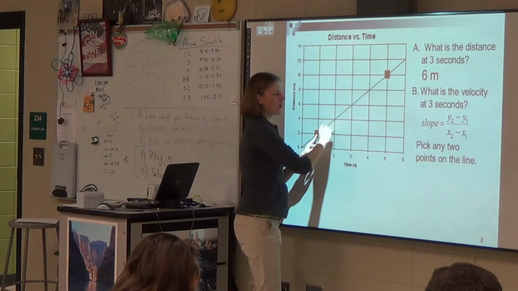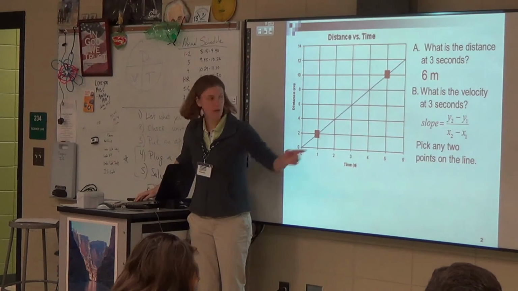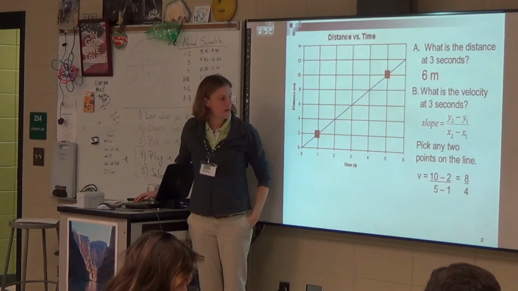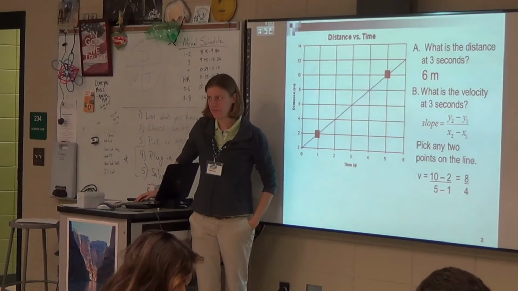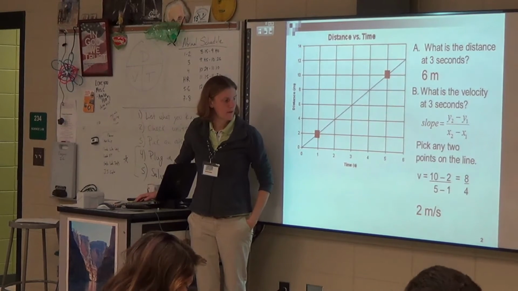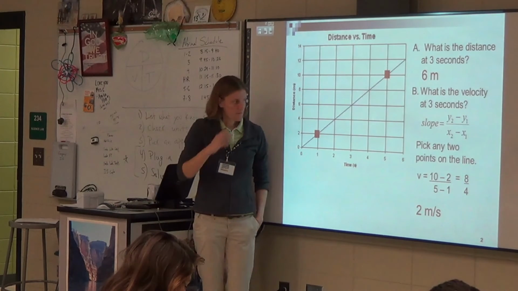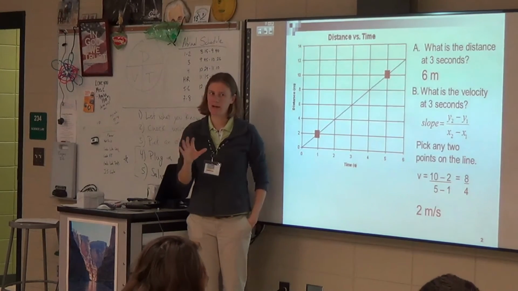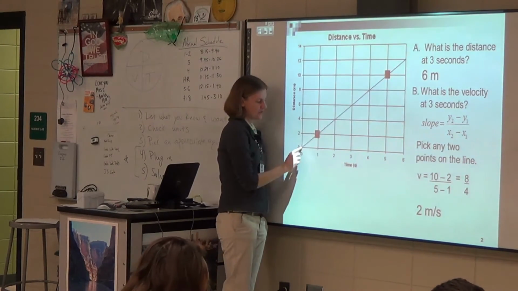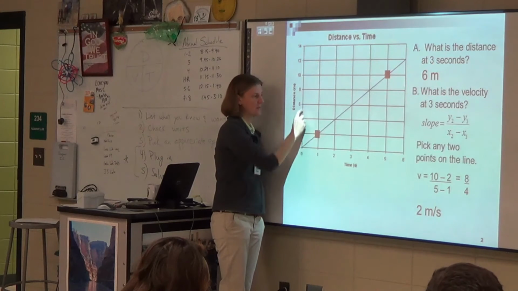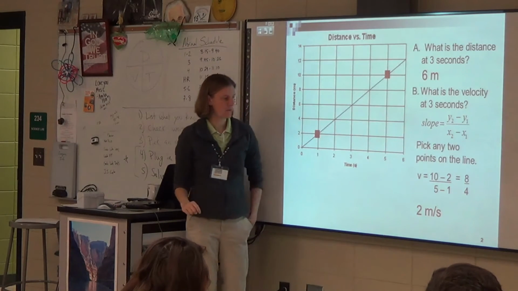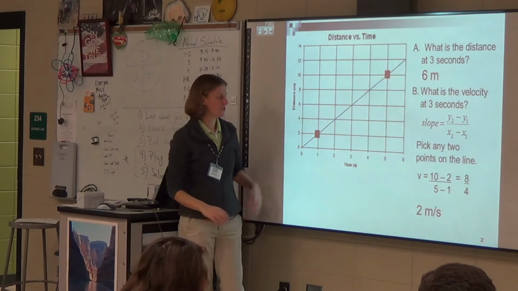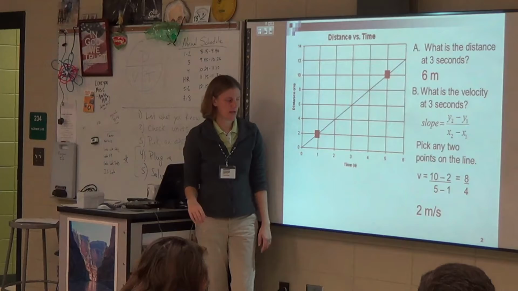Or using these points that I've picked, y2 minus y1 over x2 minus x1. In this case you can do that because 0, 0 is one of your points. Up 6 over 3. Don't always think you can do that. We'll see an example that will not work. Just be a little careful about finding slope. Make sure the points you pick are appropriate for your line.